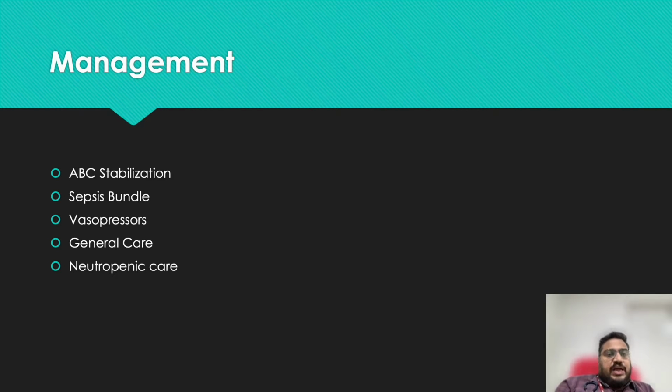So management priority is here. The first important thing is that you should always have a high index of suspicion. Whenever a patient is receiving chemotherapeutic agents or is under treatment in any oncology department in our hospital, always ask yourself: are we dealing with a patient with neutropenic sepsis?